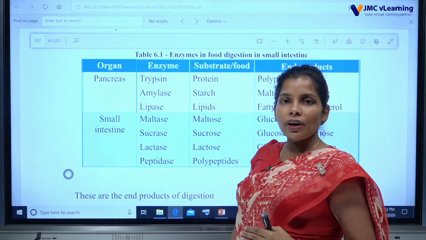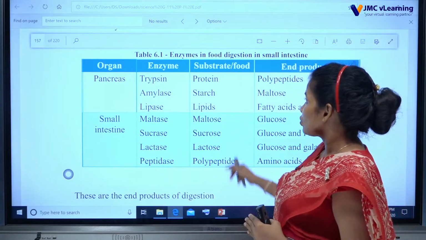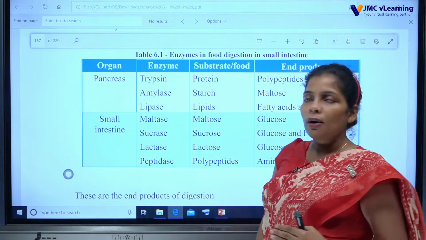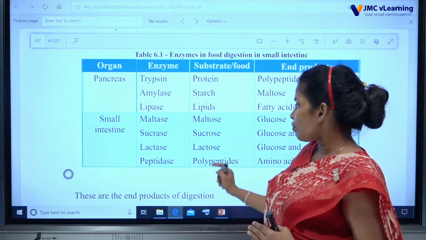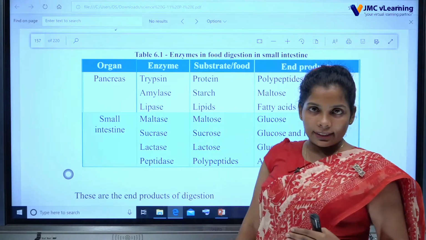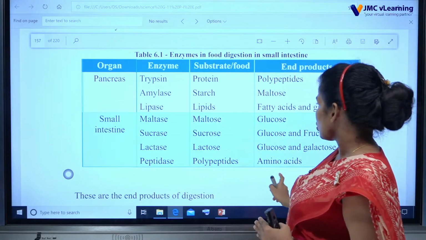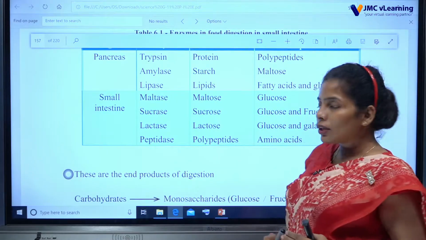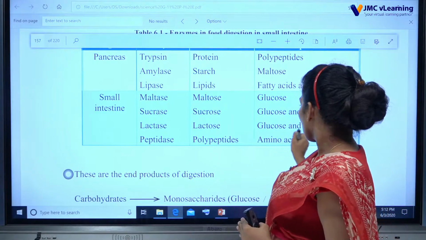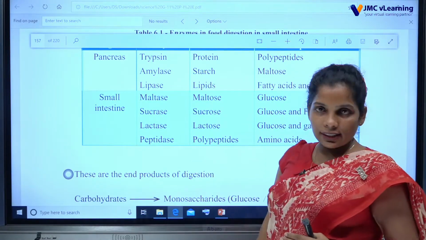The substrates these enzymes affect are maltose, sucrose, lactose and polypeptides. What are the end products? Glucose, glucose and fructose, glucose and galactose, and amino acids.